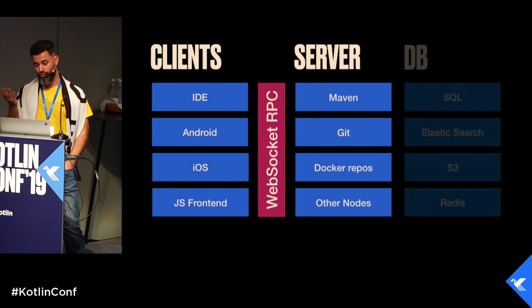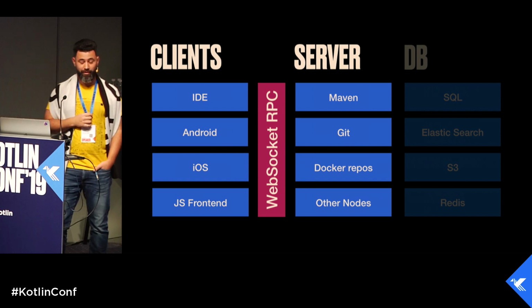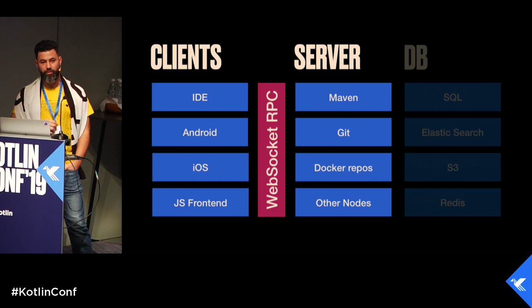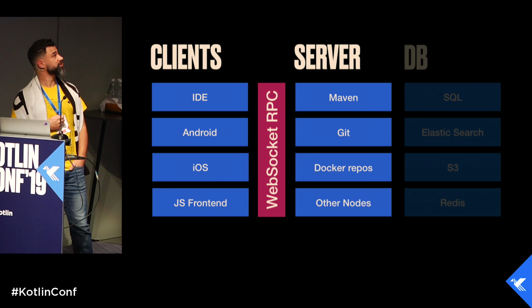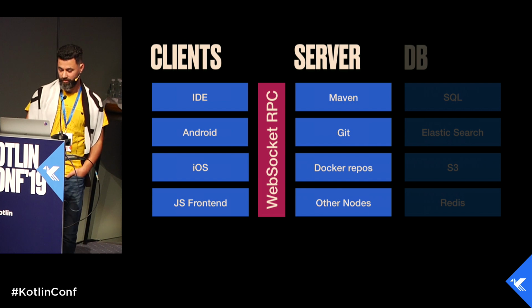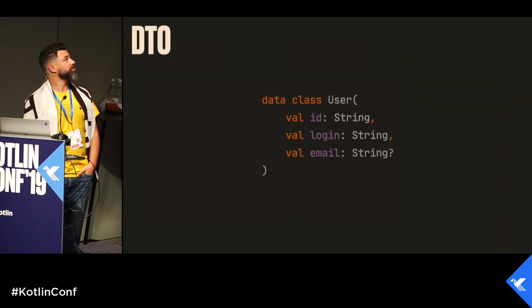Unfortunately, or fortunately, there is still no support for remote procedure call in Kotlinx serialization, but as far as I know, there are some plans. So we had to implement our own WebSocket RPC. You can define some class like that.